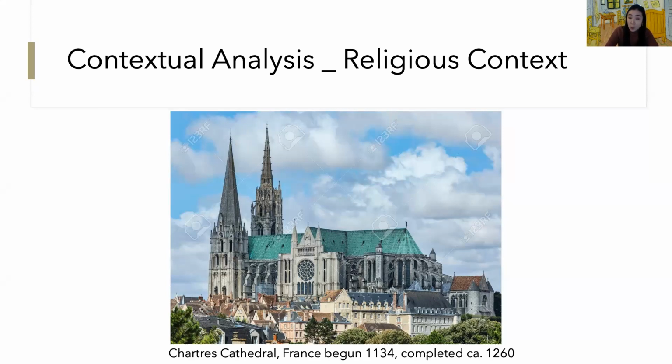To fulfill those goals, his architects responded with pointed arches, ribbed vaulting, flying buttresses, and stained glass windows so large they seemed like translucent walls. So it is ornate, with linear, vertical elements that direct the eye upward, to heaven. So that is religious contextual analysis.